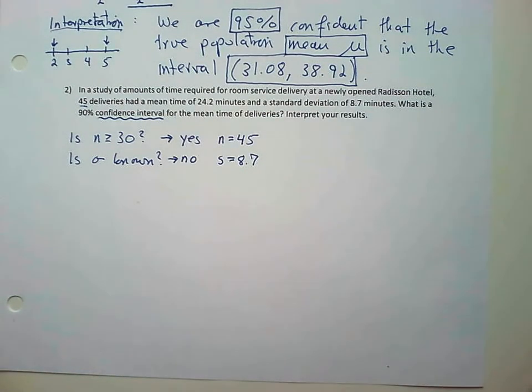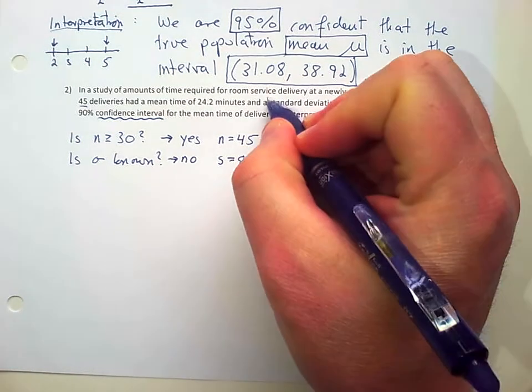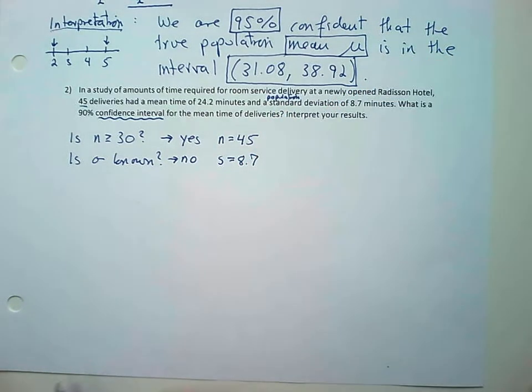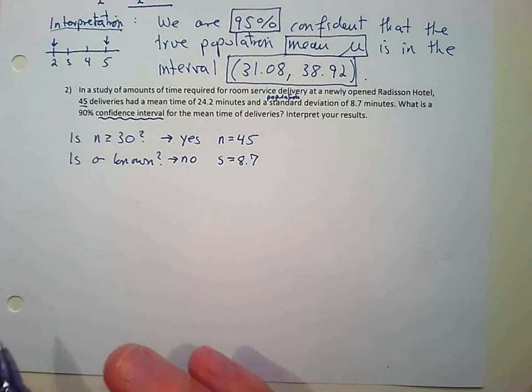A really important indicator that you're dealing with the population standard deviation is that it will literally say population standard deviation. Now, obviously, you can mess around with the wording a little bit. When it comes down to the English, you can switch stuff around.